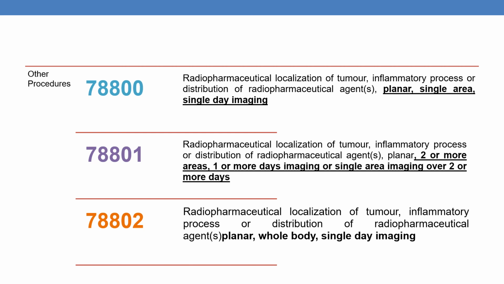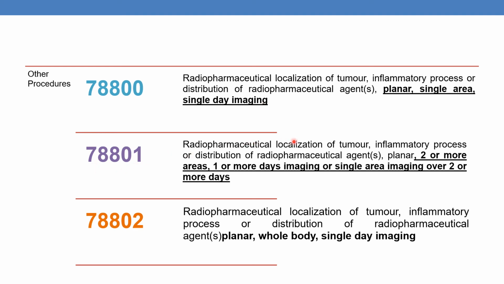The first CPT is 78800. The description is radiopharmaceutical localization of tumor, inflammatory process or distribution of radiopharmaceutical agent, planar, single area, single day imaging. The next CPT is 78801.